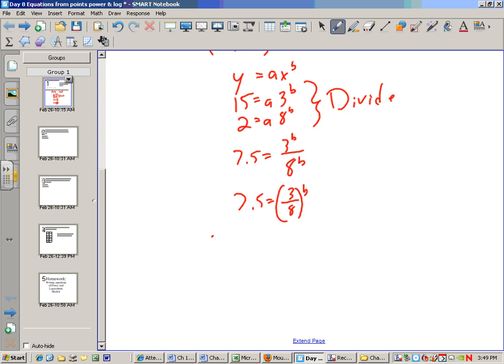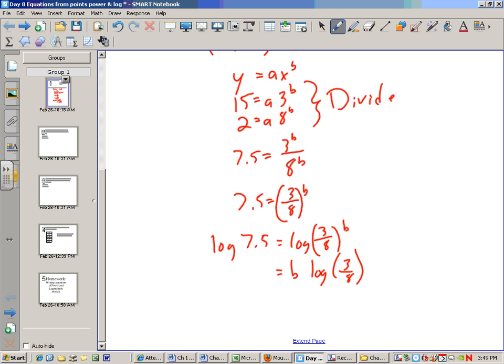We can log both sides. Log of 7.5 is equal to log of (3/8) to the b power. Take that b down, so b log of 3/8 is equal to log of 7.5. Divide both sides by the log of 3/8, so b is going to be the log of 7.5 divided by the log of 3/8.